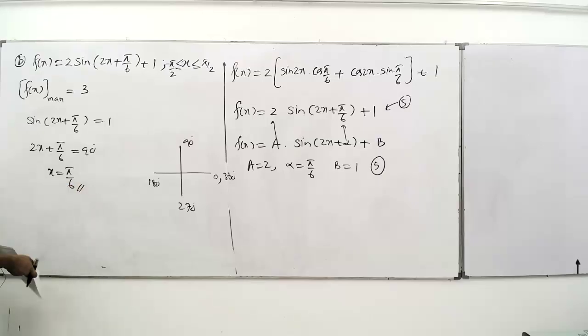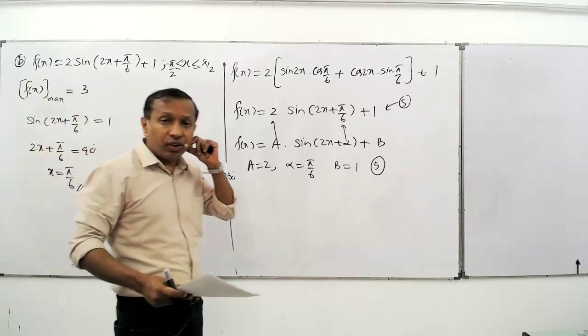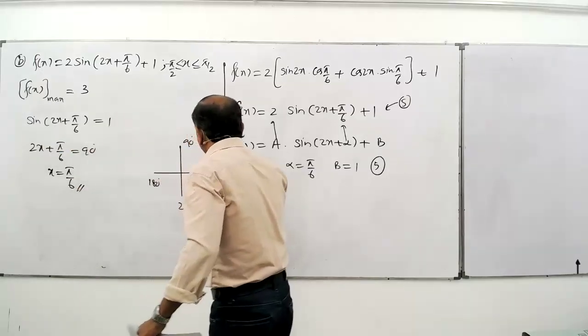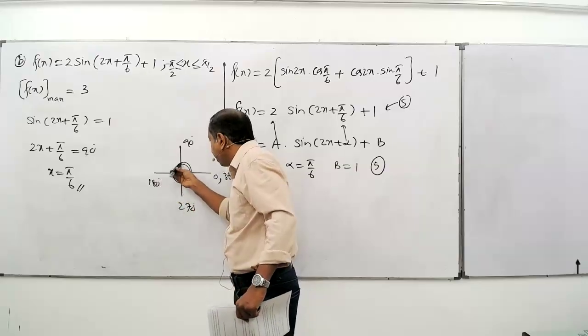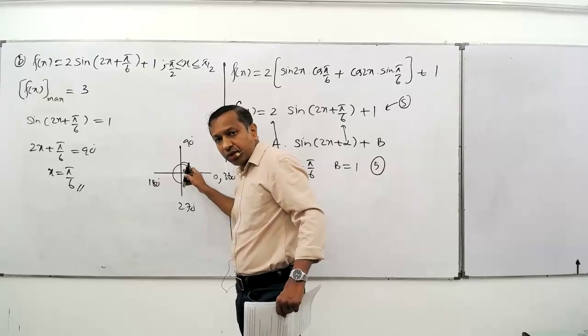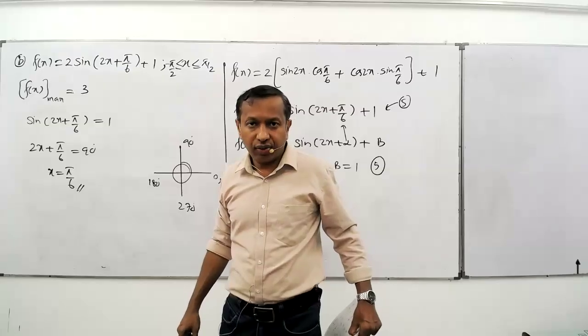So x maximum occurs at x equals π/6. Okay? So what is the other possibility? For the sine of this angle to be 1, after rotating the first round, consider the y-axis at the angle 360 plus 90, 450.